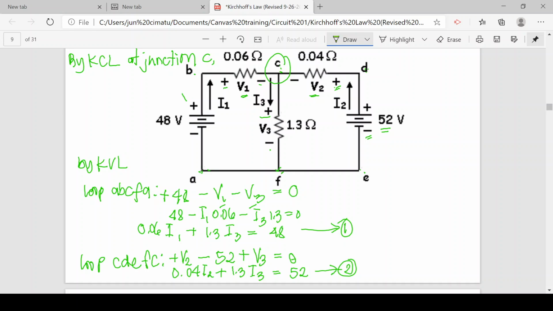Junction C, the current that enters the junction is positive, and that is I sub 1. Another current entering the junction is I sub 2, positive, and I sub 3 leaves the junction, and so therefore equate this to 0. And this is our third equation.